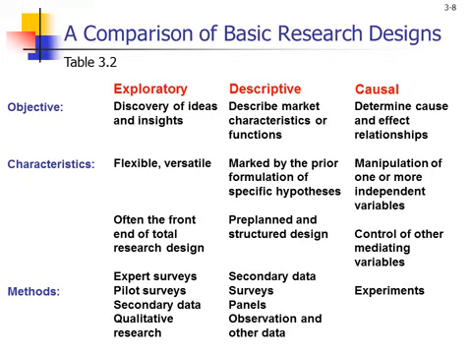In the different methods: for exploratory research, expert surveys, pilot surveys, secondary data, and qualitative research; for descriptive research, secondary data, surveys, panels, observation, and other data; and for causal research, the method is experiments.